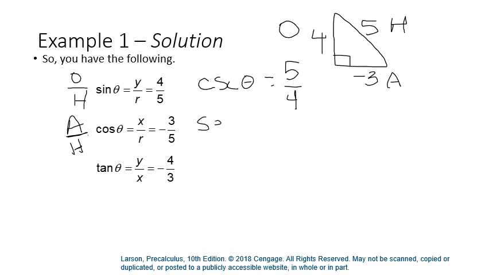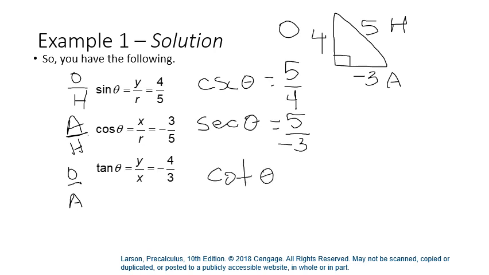So the secant value is going to be the reciprocal, and the tangent is O over A. So the cotangent is the reciprocal. And there you have all 6 trig functions for that particular angle that terminates in the second quadrant.